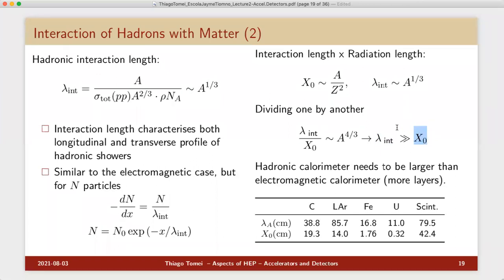What does this mean? That means that to stop protons, to stop hadrons, you need much more material than you need to stop electrons and photons. You can put this in terms even of, let's call it, radiation protection.